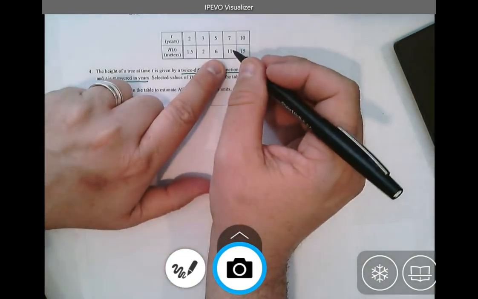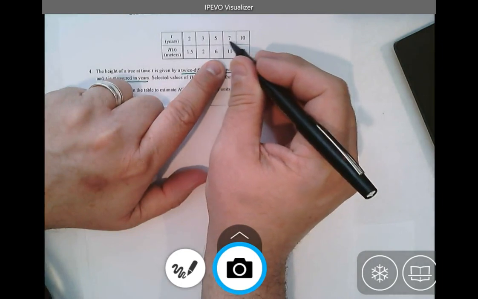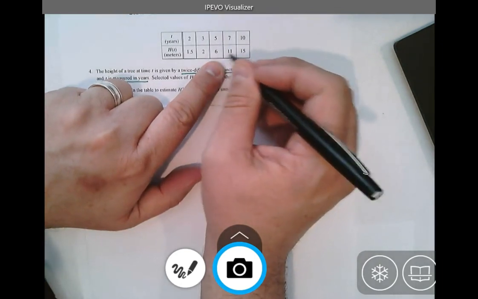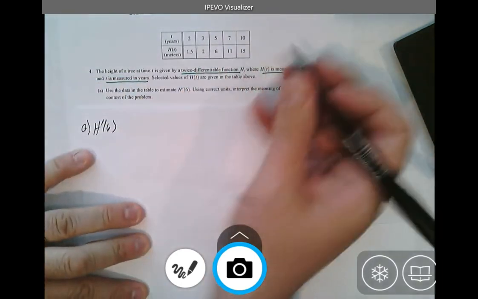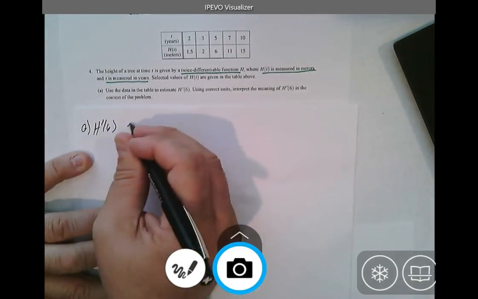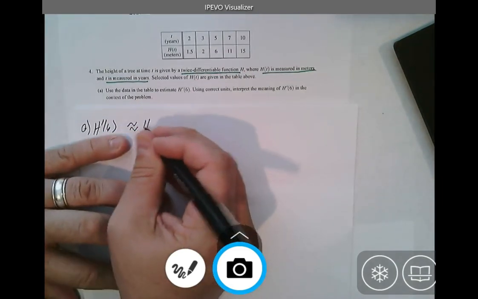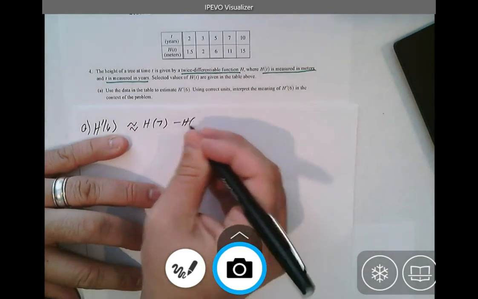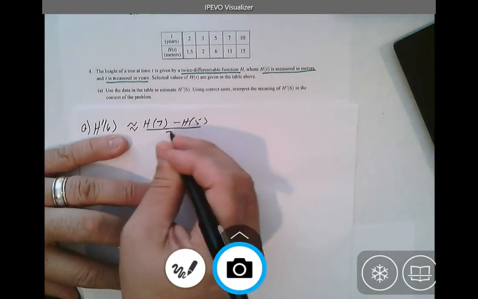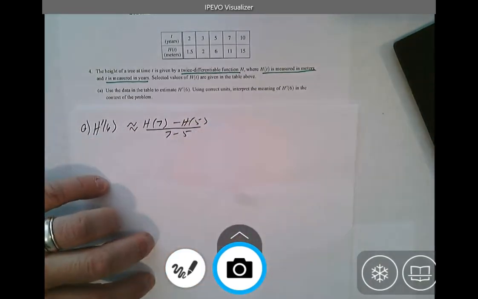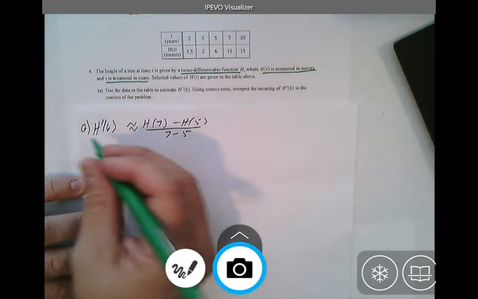If I look at my table of values, I have t equals 5 and t equals 7, and I have the corresponding heights. So the derivative of h at 6 is approximately the slope of the secant line that connects the 2 points.